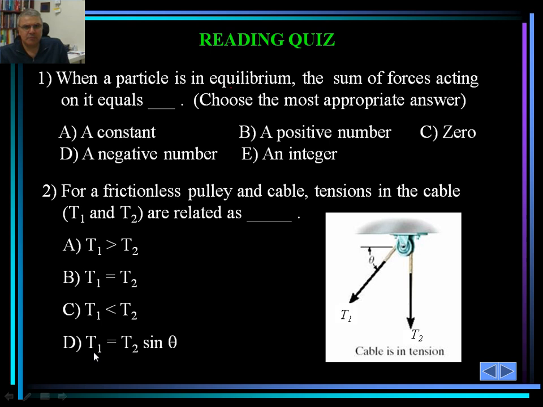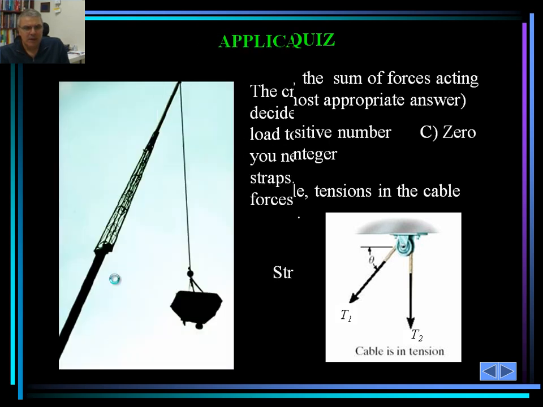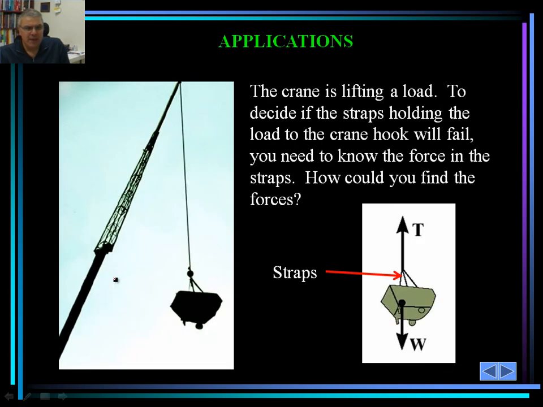Let me move on and talk a little bit about where we apply equilibrium of a particle, equilibrium of an object, and so on. Here's an example of a crane. The crane is lifting a load.